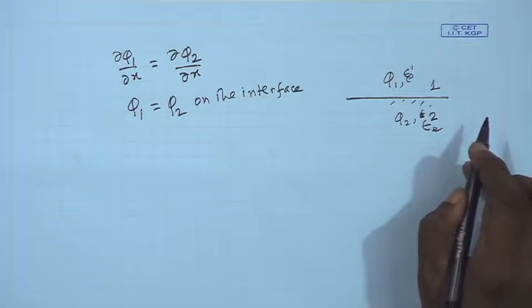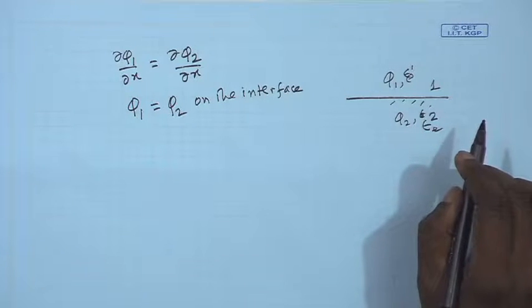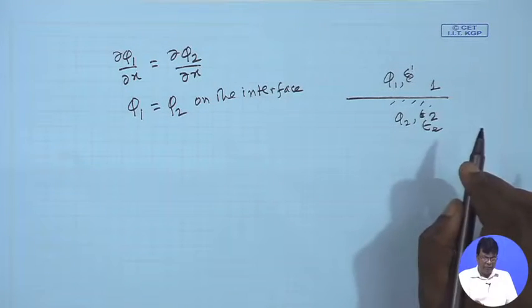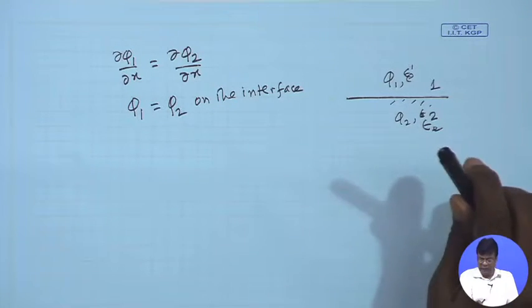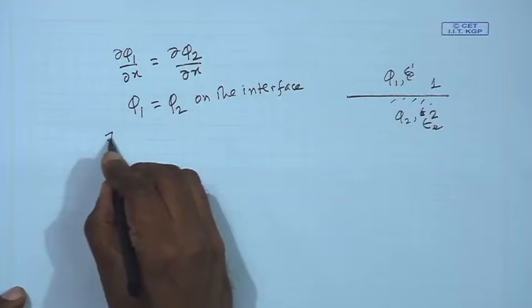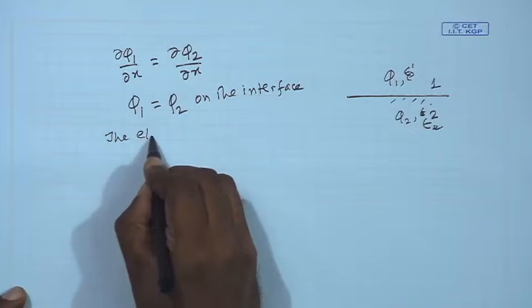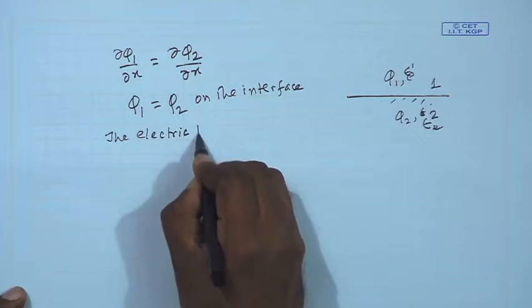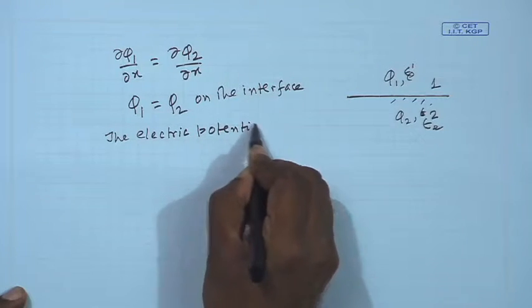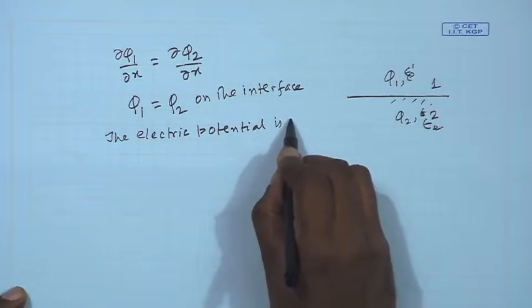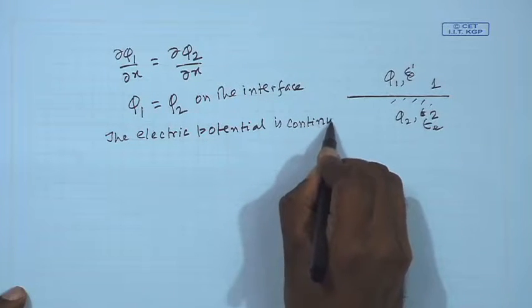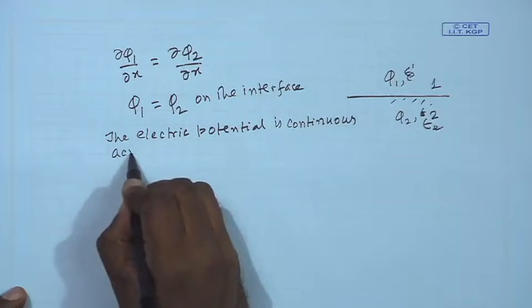One thing to note is that the electric potential appears as a gradient in the equation. So, if we subtract or add some constant to the electric potential field, it is not going to make any alteration. So, the electric potential is continuous across the interface.